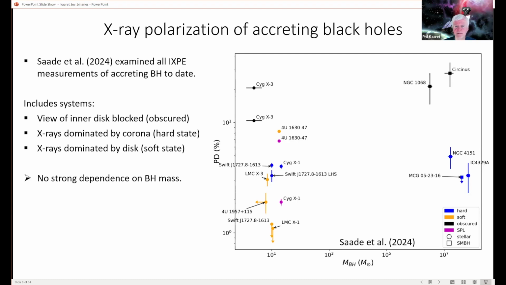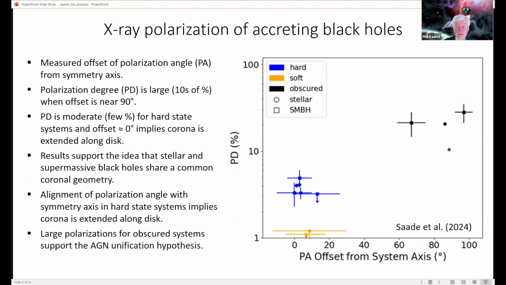And there are a bunch more since then, like GX339-4. And are they in agreement with this picture? Actually, there are no new results that disagree strongly with this picture. Yeah, that's correct. All the new results are consistent with this one too.